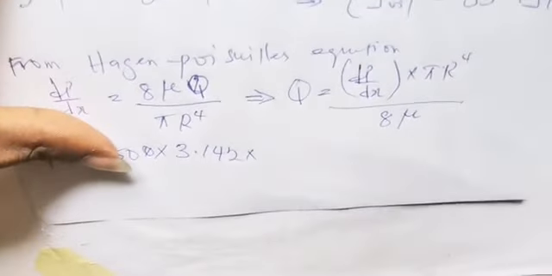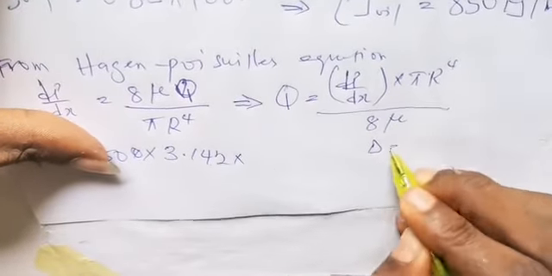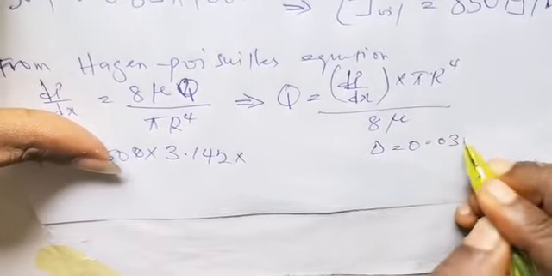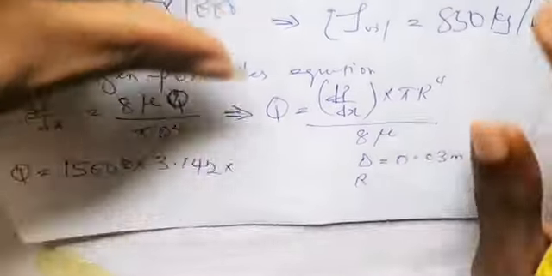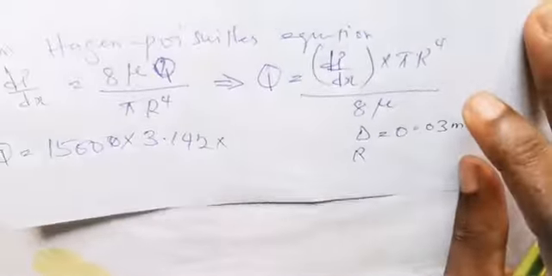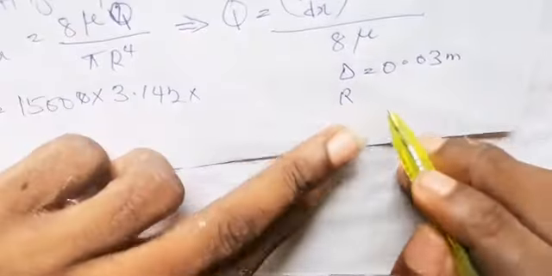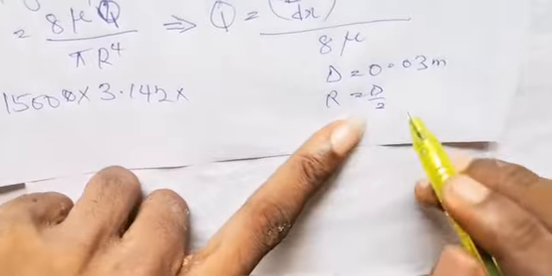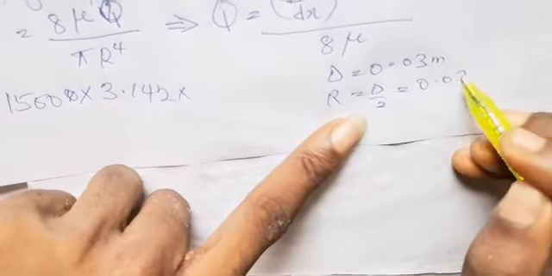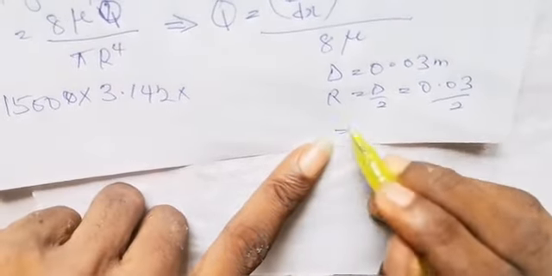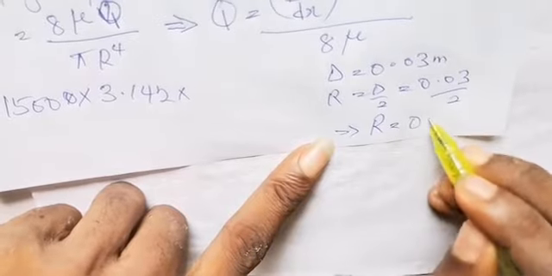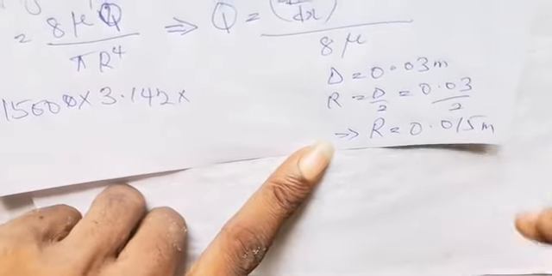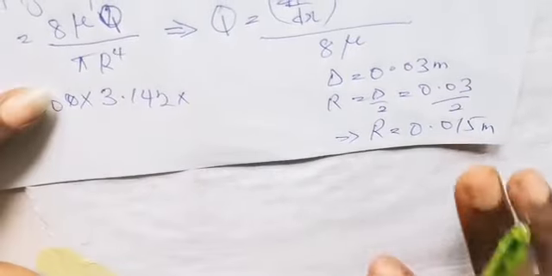But we were given diameter, not radius, which was given as 0.03 in meters, and we know that radius is simply diameter over 2. Diameter 0.03 divided by 2 implies that the radius of the pipe is 0.015 in meters.